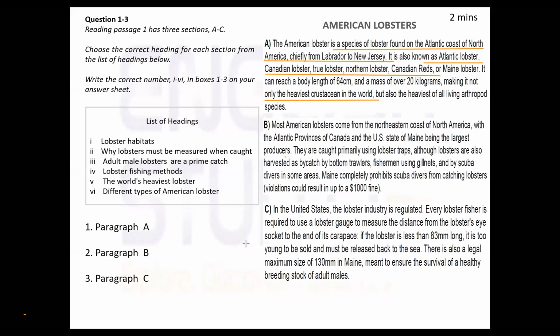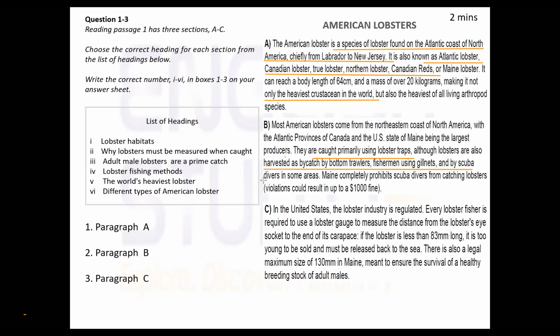This is because the passage explained about most American lobster caught primarily using lobster trap. Okay. Yes, it can be by bottom trawler, using gill net, and by scuba divers, submarines. Good job. That's the correct answer.